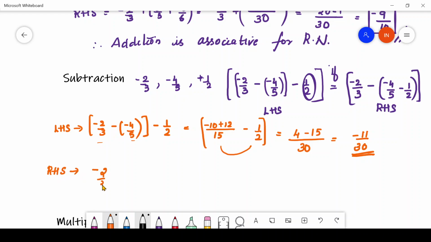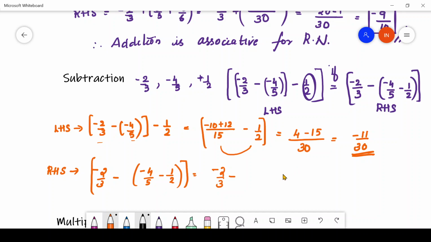Now we are doing with the RHS. So negative 2 by 3 minus, we have negative 4 by 5, negative 1 by 2 inside the bracket. Negative 2 by 3 we are writing as such first, and then we are going to do with the denominators of the numbers inside the bracket.